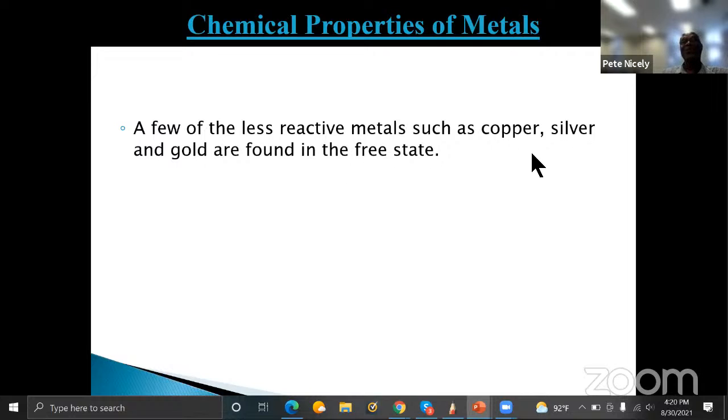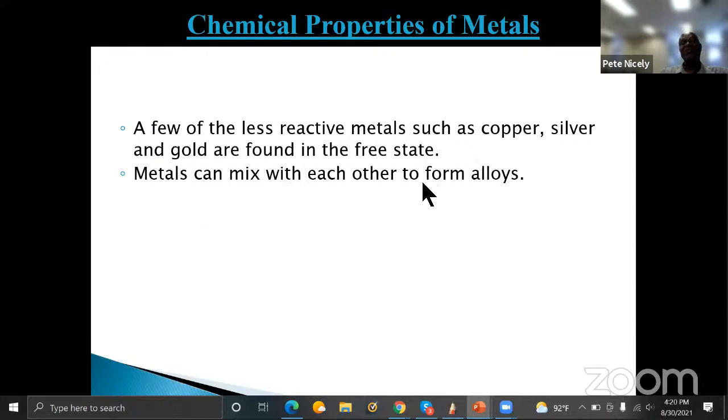So in other words, what we're saying here is that these particular elements, the unreactive elements, tend to exist by themselves. They tend not to be combined with other elements, especially non-metallic elements. Metals can mix with each other to form alloys. Alloys are basically mixtures of metals, all right? So for example, you can have the mixture of copper and zinc. That mixture is known as brass.